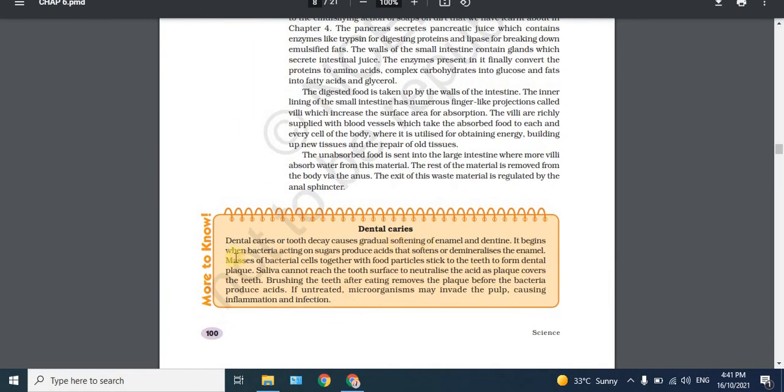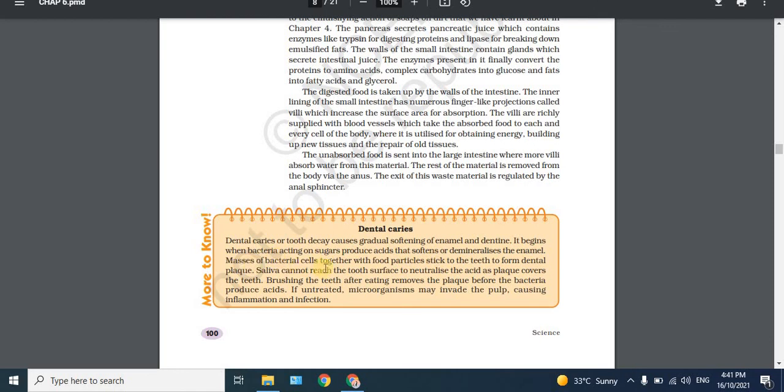Dental caries. Dental caries or tooth decay causes the gradual softening of the enamel and dentine. It begins when bacteria acting on sugars produce acids that soften or demineralize the enamel.